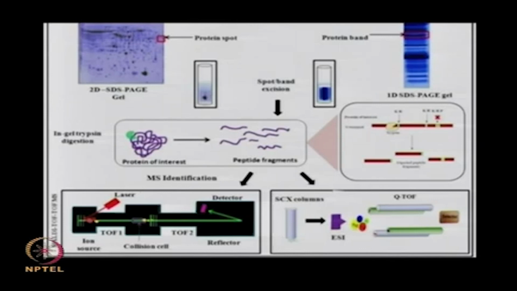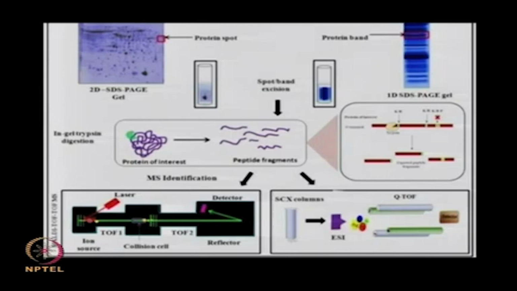This slide gives you the overview of various steps involved in the in-gel digestion process and also how various types of samples can be analyzed by using this method, whether you have a 1D SDS page gel or a 2D SDS page gel. In either way, you have to do the in-gel tryptic digestion.